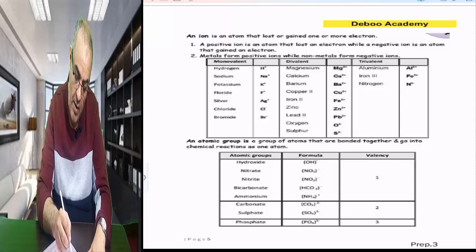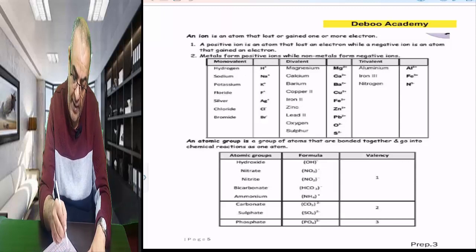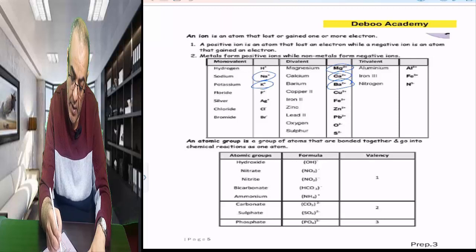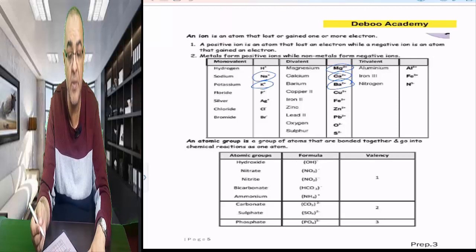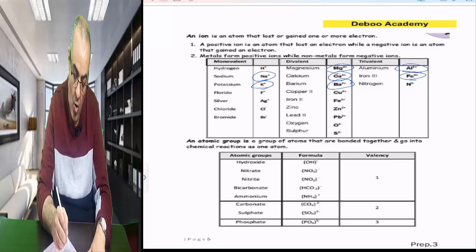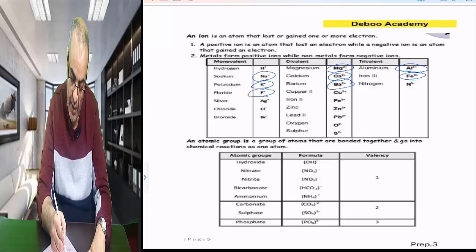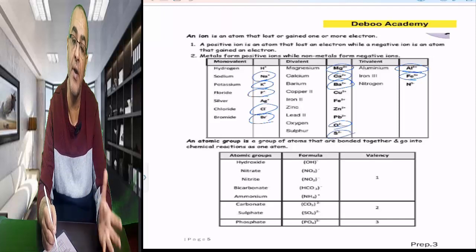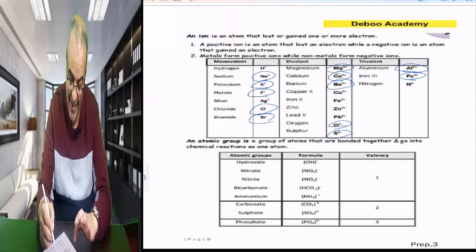As we see here, all the elements like sodium, potassium, calcium, magnesium, barium lost electrons, so they form positive ions. While the atoms that gain electrons like fluorine, chlorine, bromine, oxygen, sulfur are negative. Why? Because they gain electrons.